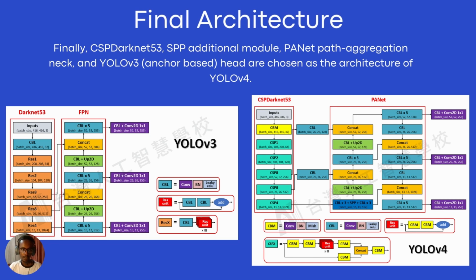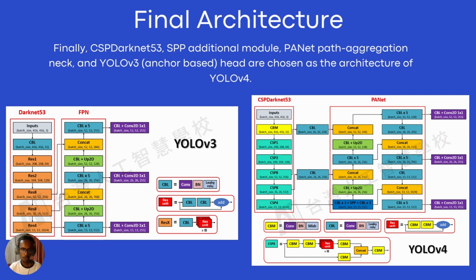So now we have seen the entire architecture for YOLOv4. We started with the backbone. For the backbone, we selected CSPDarknet53 because we thought it was better for detection. And we can see on the left side for YOLOv3, we used the Darknet53. On the neck part of the network, we used FPN in YOLOv3, but in YOLOv4, they selected path aggregation networks because they fuse information coming from the different layers.